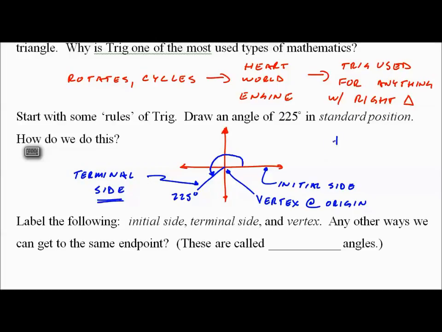Notice that positive is in the counterclockwise direction. Negative would be in the clockwise direction. And just so we're all clear, we give the quadrants names in Roman numerals, but we just call them quadrants 1, 2, 3, and 4.